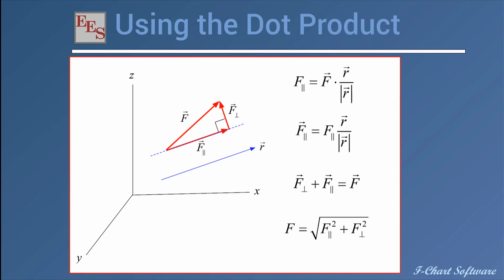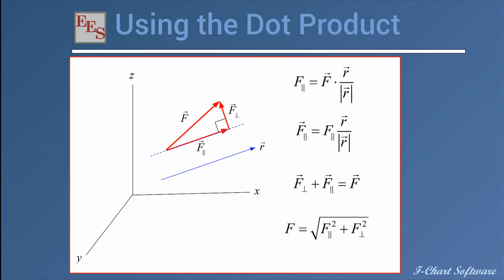The magnitude of the component parallel to the position vector is just the dot product of the force with a unit vector that is in the direction defined by the position vector. So that's this equation.